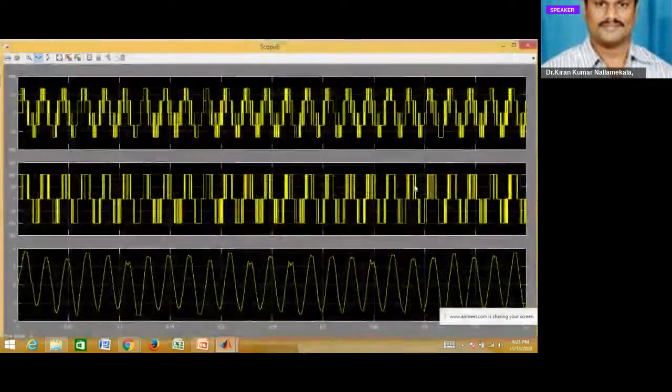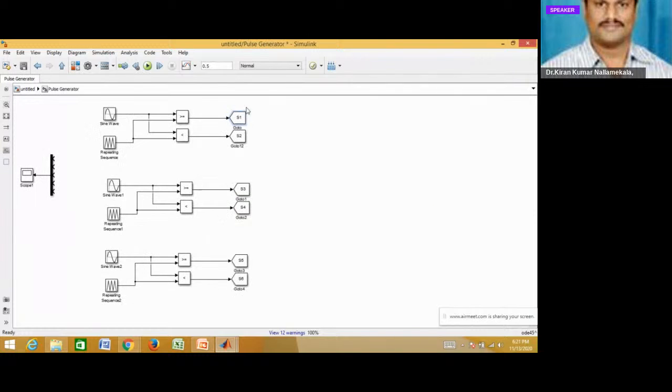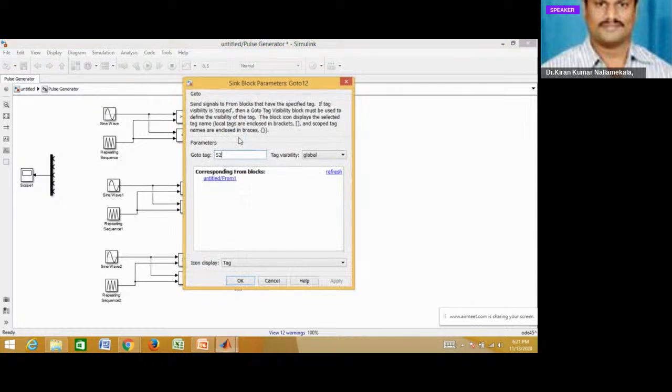Now before that, in these pulse generators, S1, S2, S3, S4, S5 and S6, all are global.